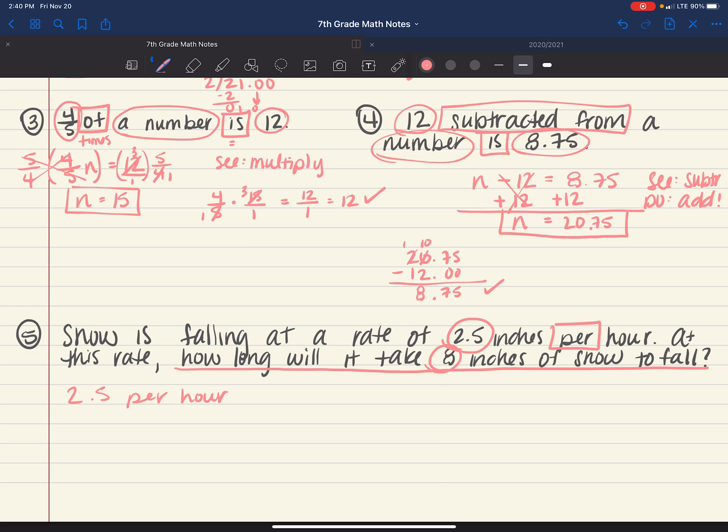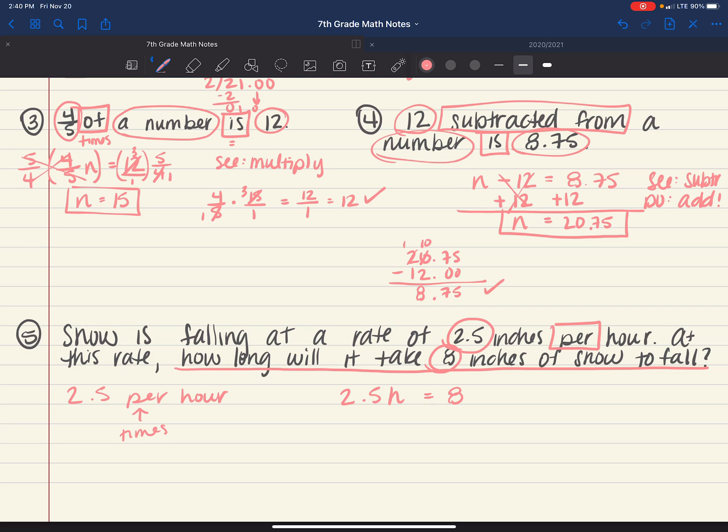So per in math means times, right? So I'm doing 2.5 times h, the amount of hours until I get to 8. I'm trying to figure out how many hours.